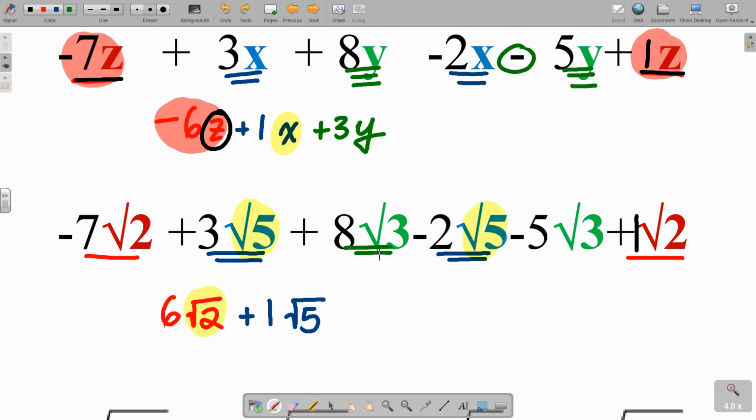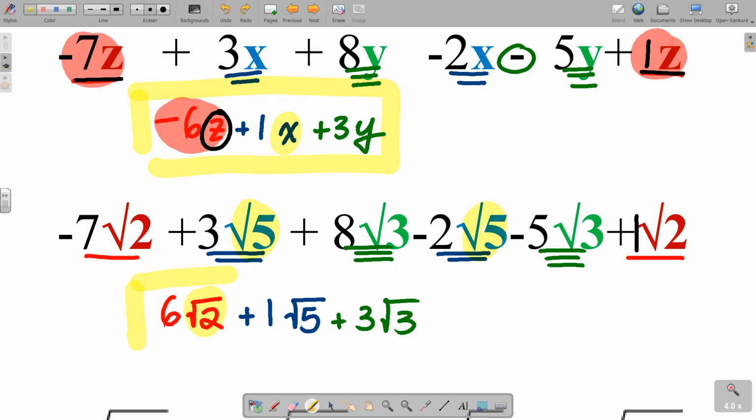Last, triple underline, 8 root 3 minus 5 root 3. Moral of the story is radicals add and subtract following the exact same rules as variables.